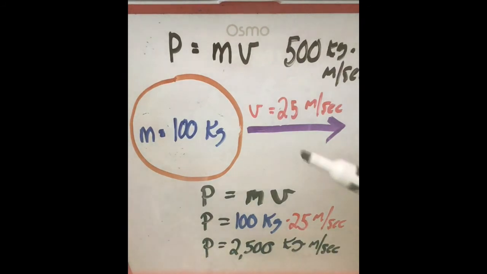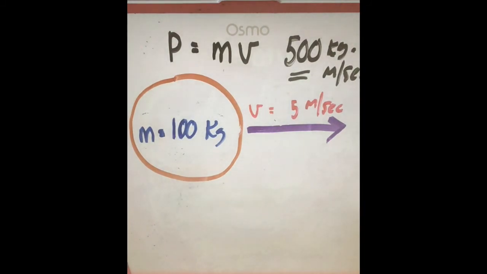Now we can see here that as the velocity increased from 5 to 25 meters per second, the momentum got larger, and that makes sense. If we look closely though, we'll see that the velocity was increased by 5 times from 5 to 25, and that increased the momentum from 500 all the way to 2,500. So if you increase the velocity by 5 times, the momentum increases by 5 times.